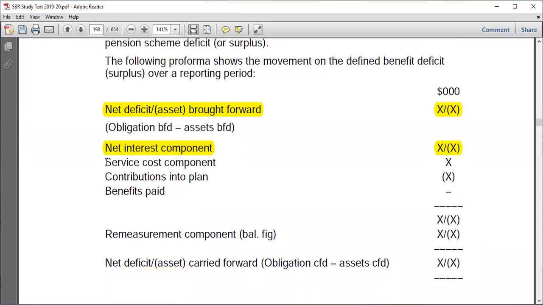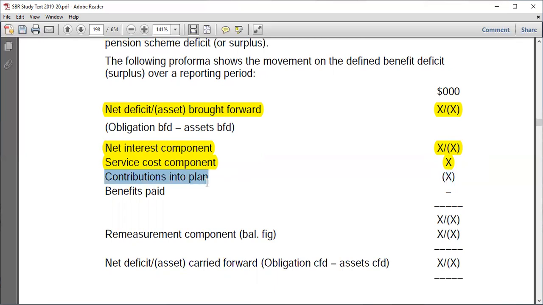But also we have something called the service cost component. We'll see it later that we can have current service cost and past service cost. Don't worry about that. But since it's a service cost, it's a cost, which means it increases a liability. And as I told you, the deficit has a positive figure. That's why you have written it as positive. It has no brackets, right? Again, there should be contributions.